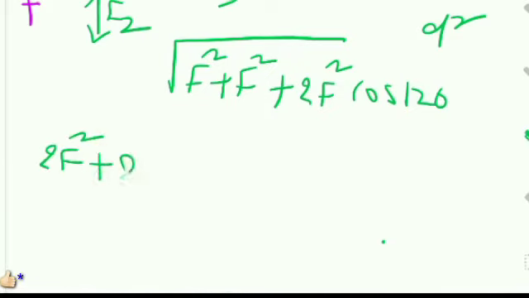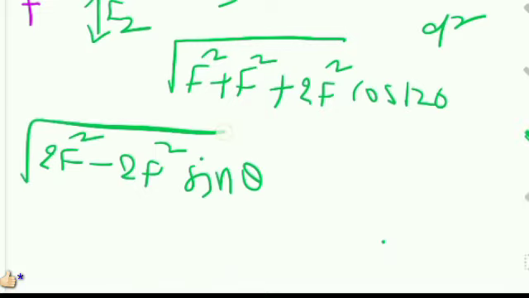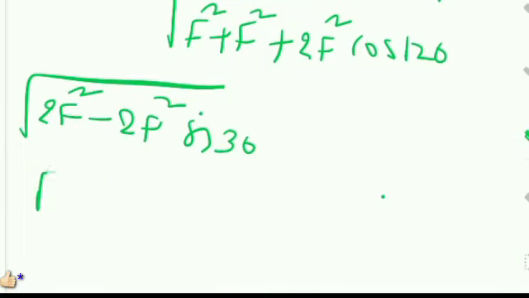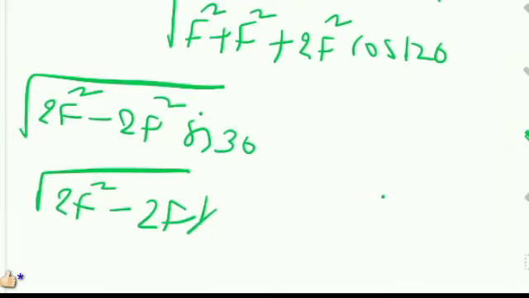That is 2F square plus 2F square cos 120 degrees, which is minus cos 60 degrees. So 2F square minus 2F square into 1 by 2 cancel.